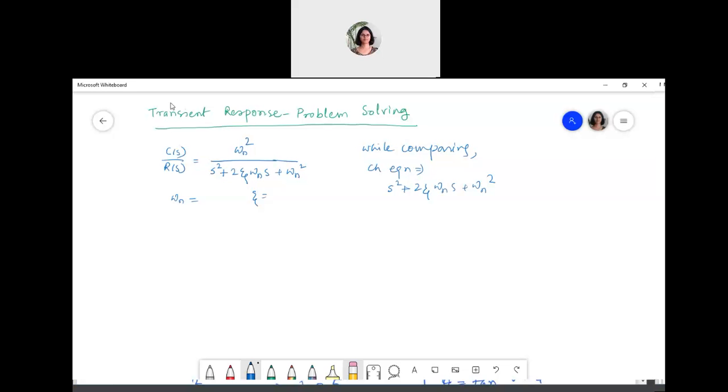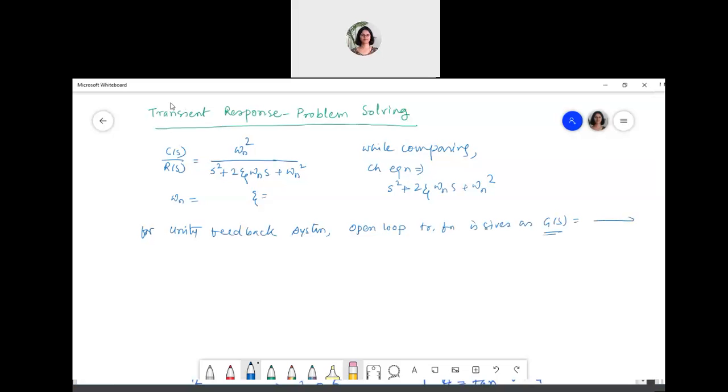In the problem, we can have the closed loop transfer function, C of s by R of s, directly given, or in many cases they mention it this way: for a unity feedback system, the open loop transfer function is given as G of s.